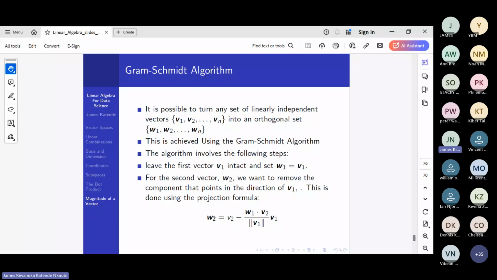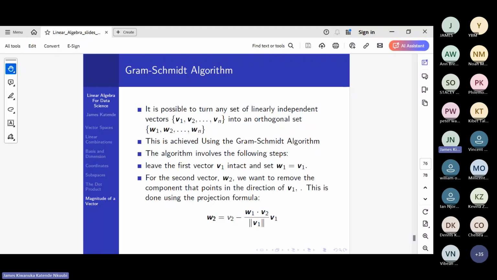So to compute these Ws, you set the first vector W1 to be just the first vector in the list. You can obtain the second vector W2 using this formula. You get the dot product of W1 and V2 divided by the norm of W1, so this becomes your coefficient. Multiply that by the vector W1, and subtract all that from the vector V2.